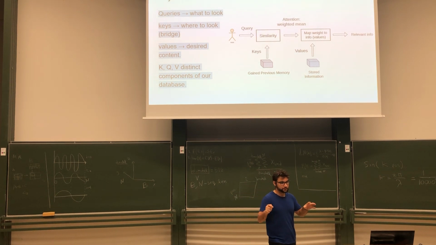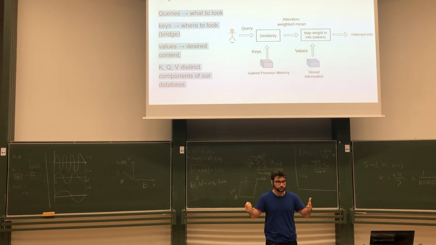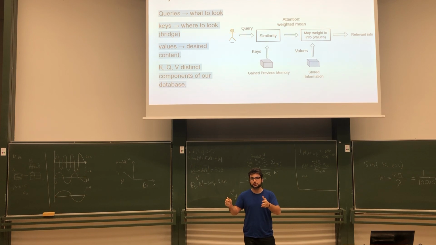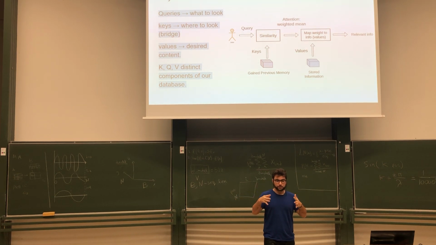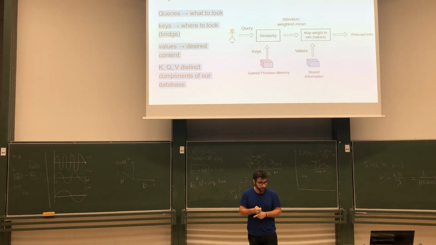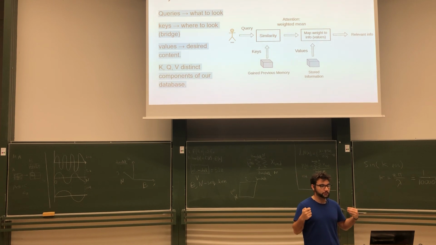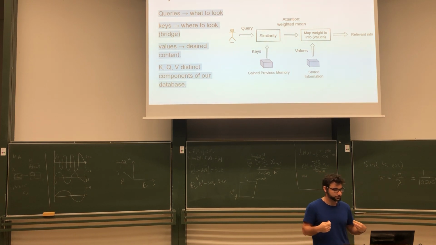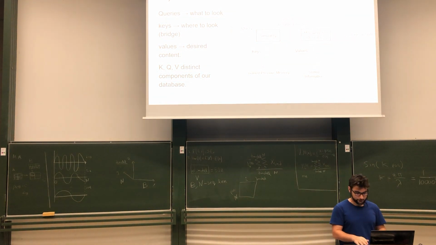The query is what we are trying to find, and keys and values are two distinct representations of our database. Keys possibly show an indication of where to look, and values are the content that we're actually interested in with this query. Any questions here? All right.